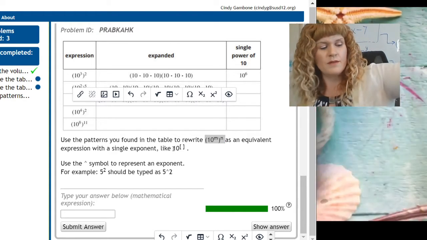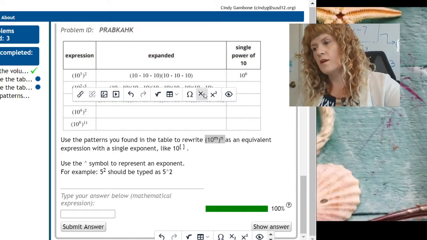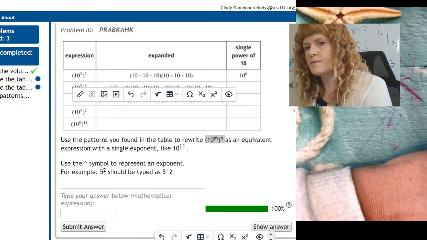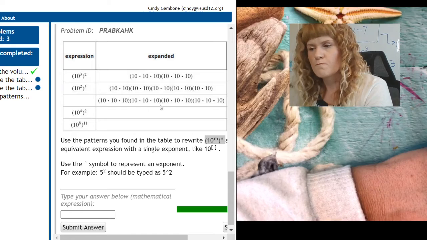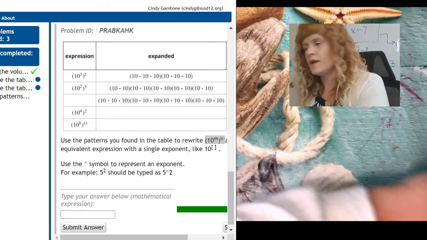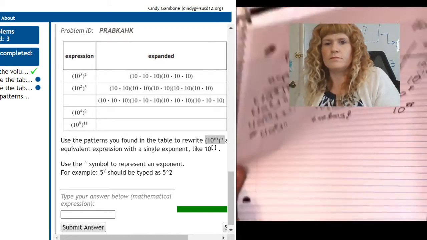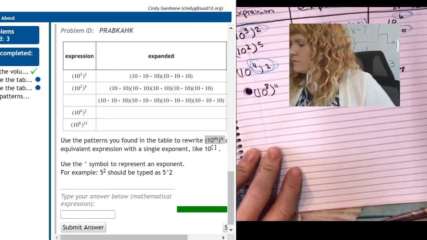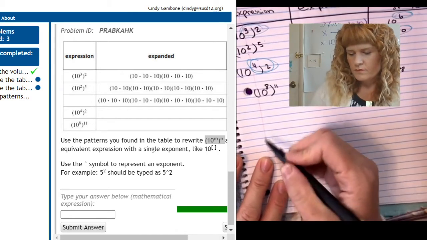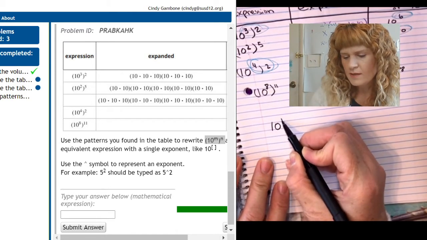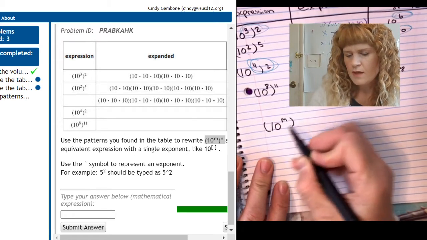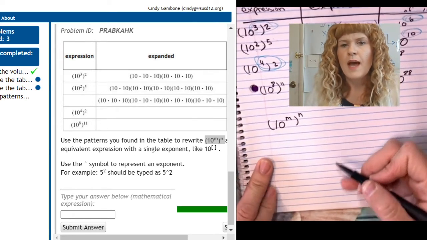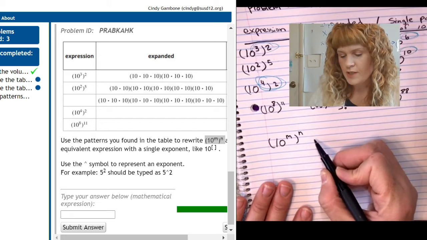Okay, this is something you need in your notes. So go back to your notes. We want to write 10 to the m to the nth as a single expression.